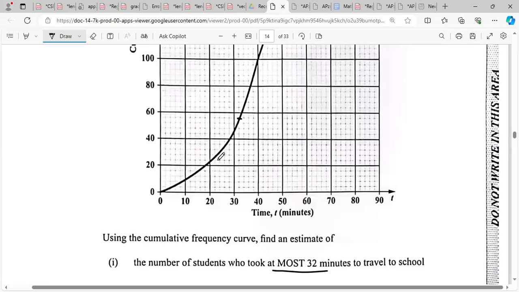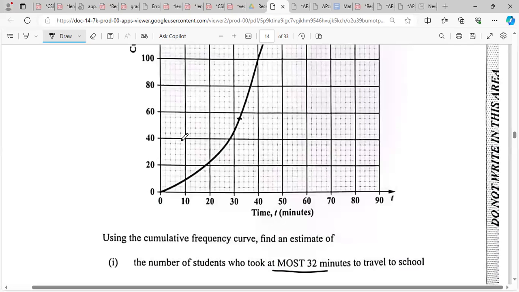If you go by the one here, how much does it go up by? 20, 2, 4, 6. It goes up by 4. So 4, 8, 12, 16, 20.